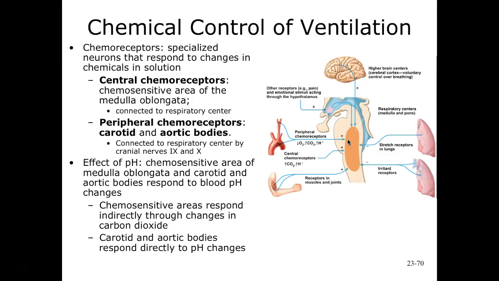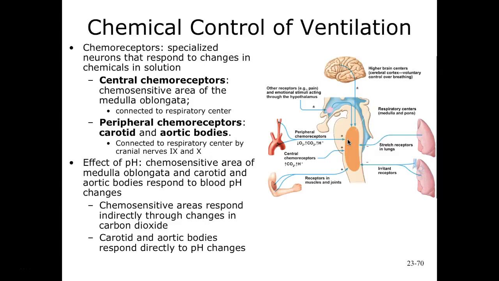So the most sensitive to our changes in pH and also carbon dioxide is going to be the chemosensitive area in our medulla oblongata. So they're the most important when we are regulating our partial pressure of carbon dioxide and our pH.